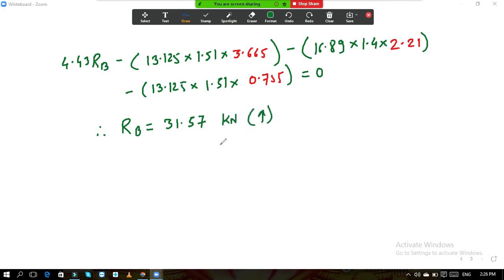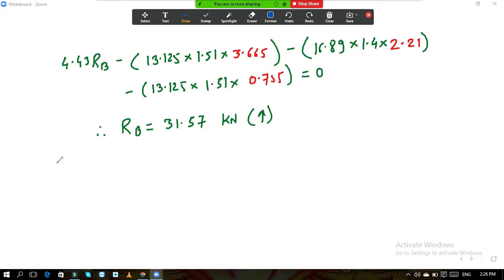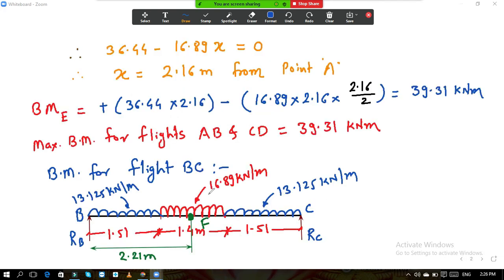This is your RB. Now calculate the maximum bending moment. So bending moment at F, there the moment is maximum. So it is RB into 2.21.